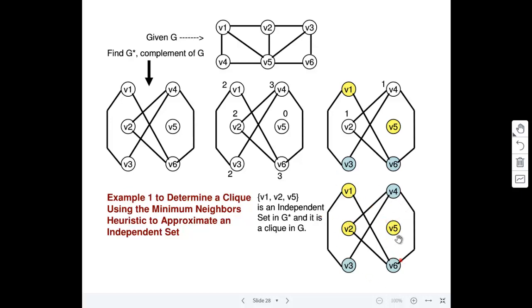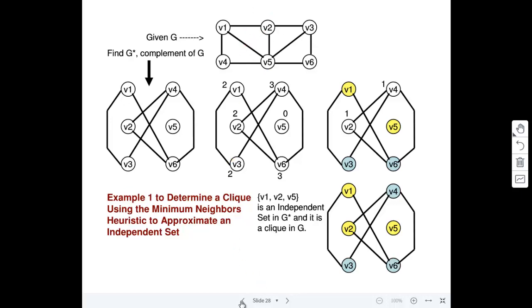That means that is also the maximal set of vertices you can have in the original graph that have an edge between them, because the way you build the complement graph, if there's no edge between V1, V2 in the complement graph, there's an edge between them in the given graph. Similarly for the other combinations. So that is also the largest subset of vertices that have an edge between any two vertices in the set and located in the given graph.